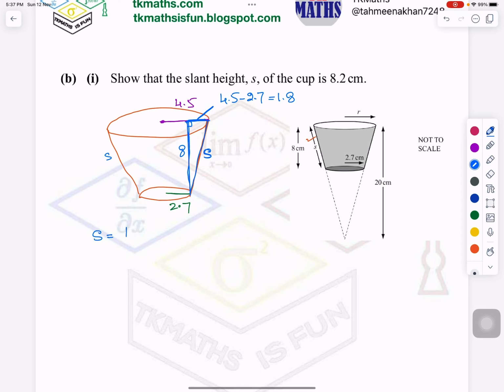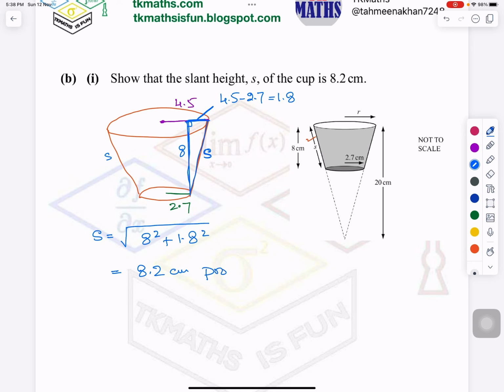S is equals to square root of 8 square plus 1.8 square. Let's find out this slant height, and here we have to show basically. So my answer should come what? 8.2. Let me check. 64 plus 1.8 square under root, and I got here 8.2. Perfect. So I got this slant height 8.2 centimeter.